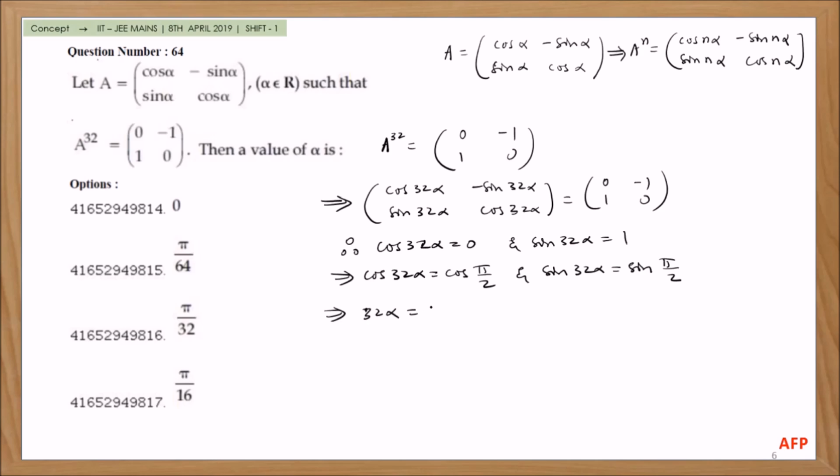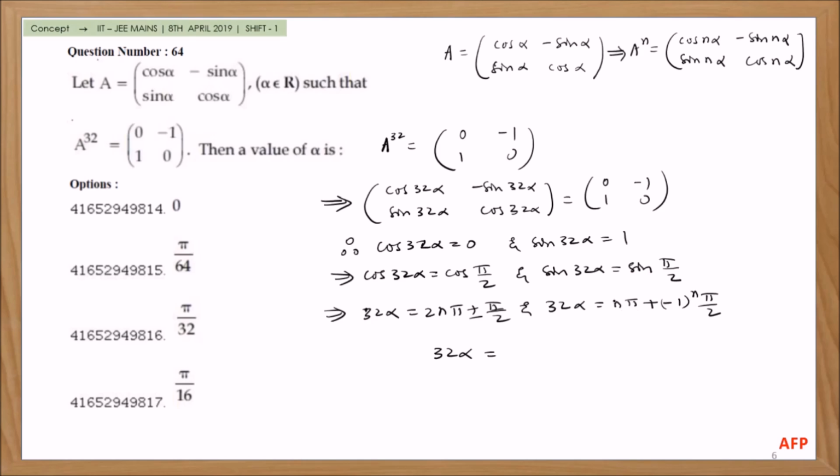32 alpha is equal to 2n pi plus or minus pi by 2, and 32 alpha is equal to n pi plus minus 1 raised to n pi by 2. So if I combine these two, how can you write? So 32 alpha is equal to, here you can see only even numbers are there, positive and negative sign is there.